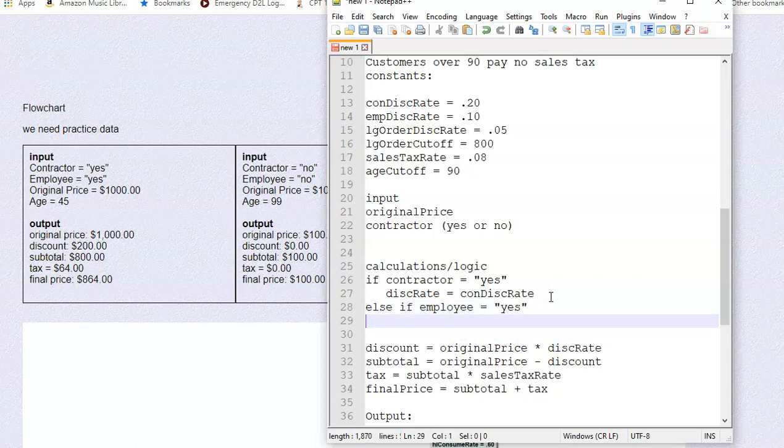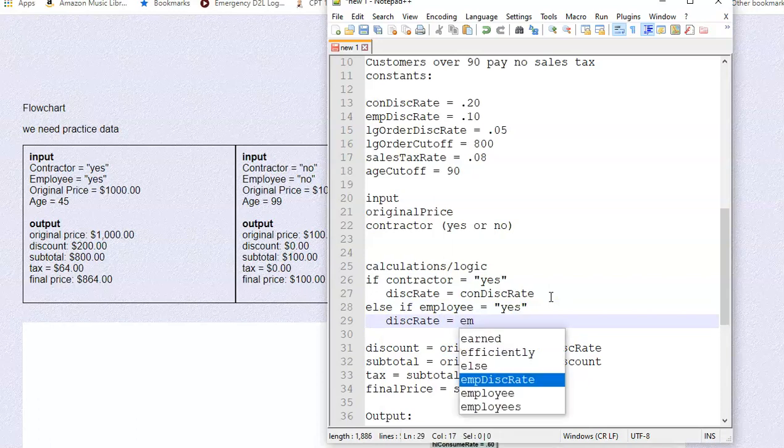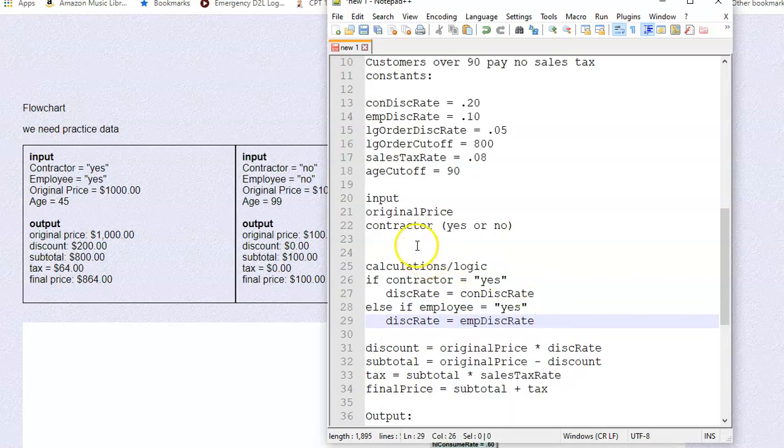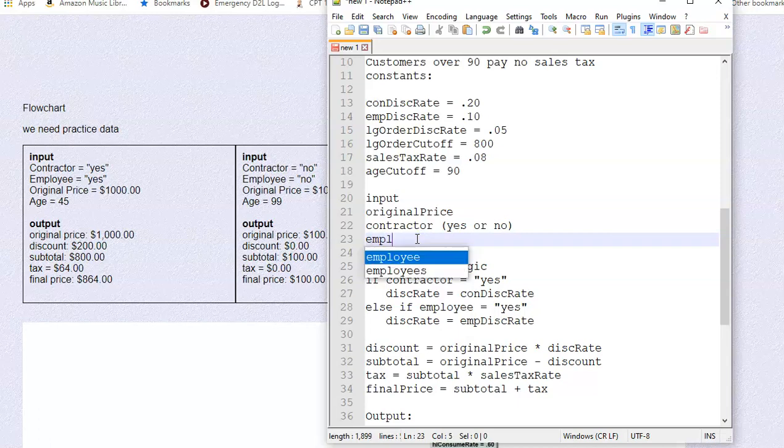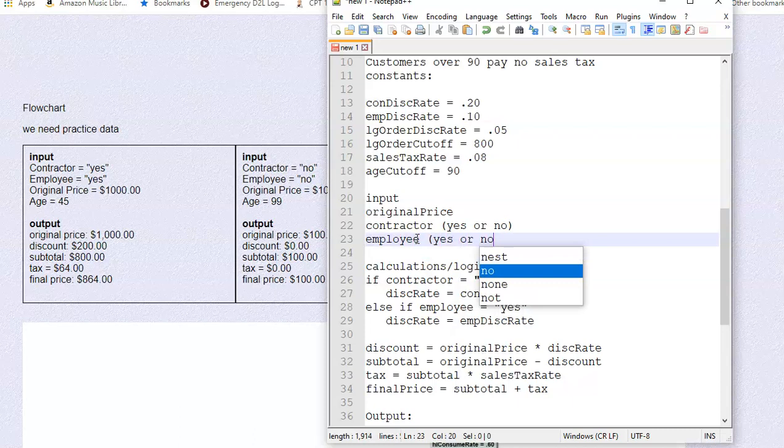And when that's true, then the disk rate is going to be equal to the disk rate. And again, now I have another input, employee, yes or no. So again, I don't know what kind of question I would ask besides that. This makes more sense to ask for that.